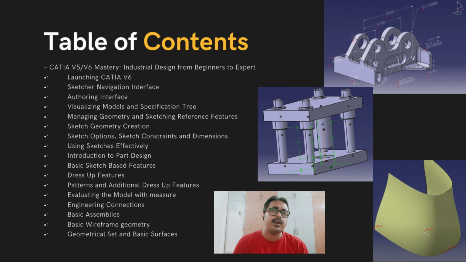In any basic CATIA course, you just go through the contents and the curriculum: this is the option and this is how you do it. But in this course, it is purely a hands-on experience. You are just going to work on basic sketches, part modeling, assembly design, and wireframe and surfaces.